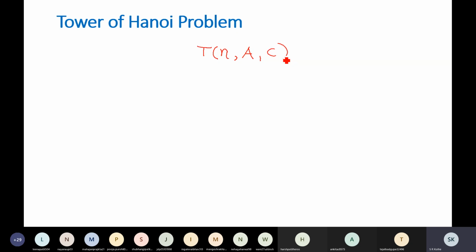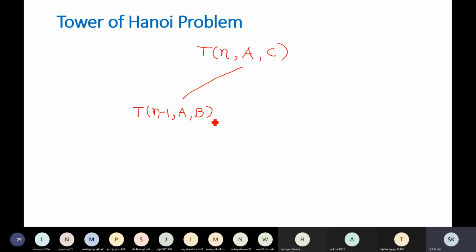So from the above steps, now this can be done by transferring n minus 1 disks from pole A to pole B. This is how this can be written now.